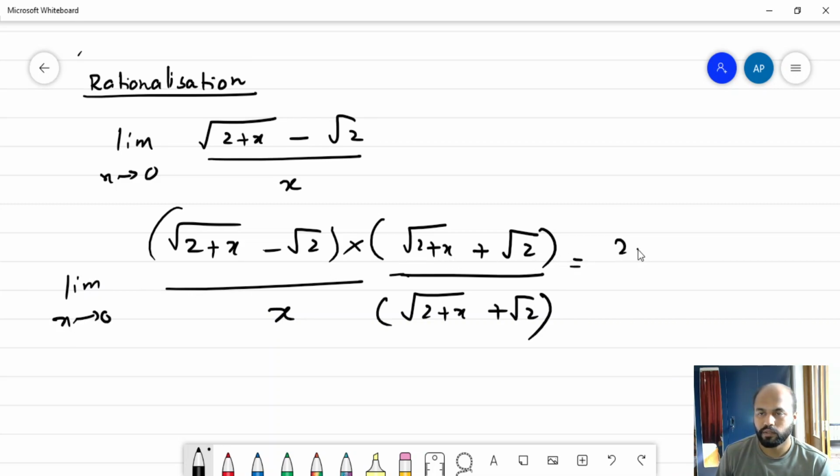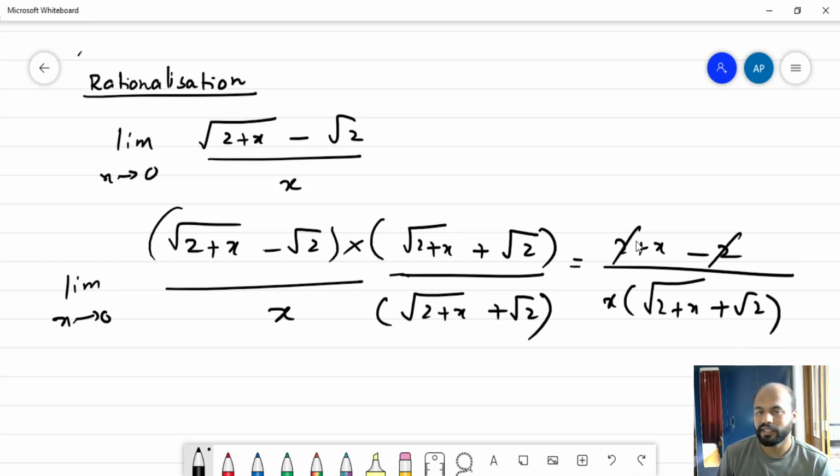We're going to get 2 plus x minus 2. This 2 and minus 2 goes, and we get x over here, x by x. And at the bottom we have root 2 plus x plus root 2. So you can clearly see that the problematic term, that is x, goes, because of which the 0 was coming. Now if we put 0 over here, we get the final answer as 1 by 2 root 2. So that is the value of this limit.